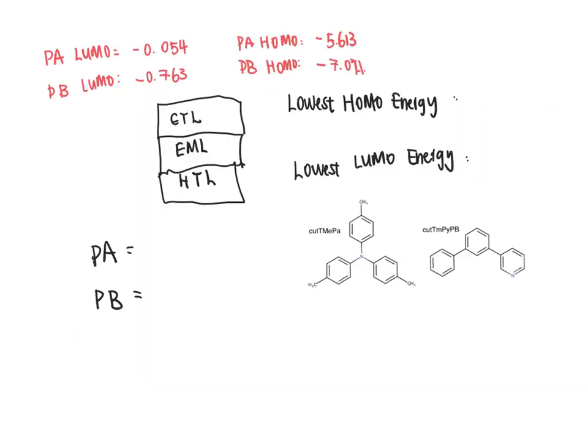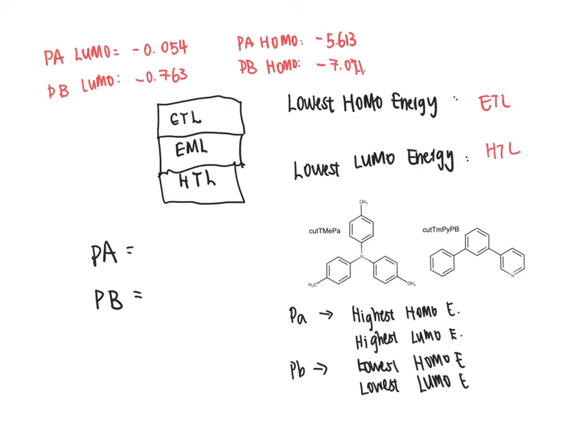And after the precise calculation, we get the lowest HOMO energy goes to the ETL, the lowest LUMO energy goes to the HTL, both fact. And the PA, however, has the highest LUMO energy, while the PB has the lowest HOMO energy.